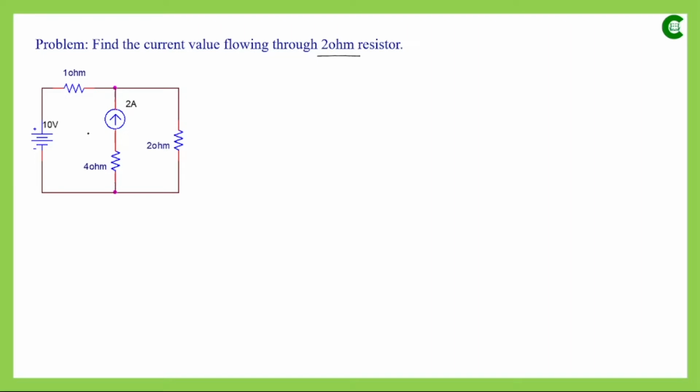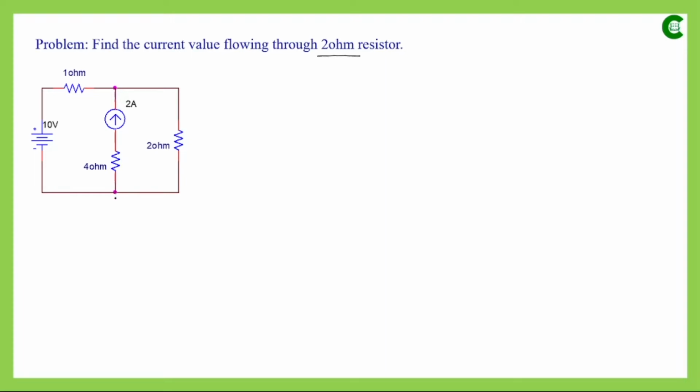Now if we analyze this circuit, we can see that this part forms one loop or mesh, and this part forms another loop. So in this circuit, we can form two meshes or two loops. But if we analyze the nodes, then we find that here we have one principal node, and here we have another node that can be connected to ground, so that can be taken as the reference node.